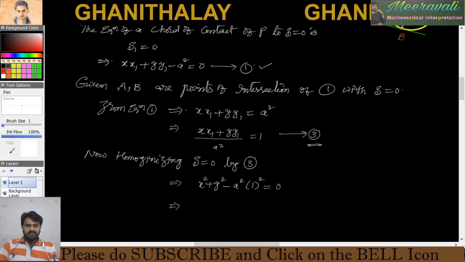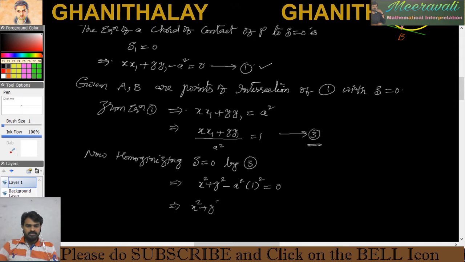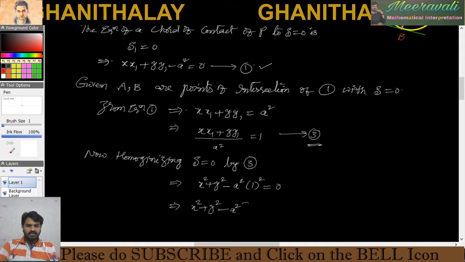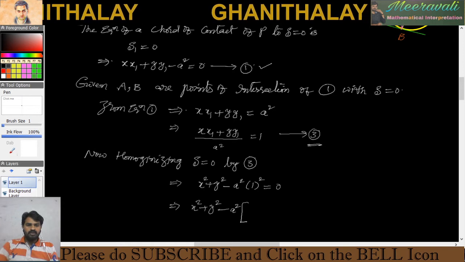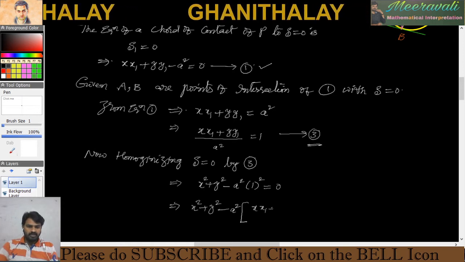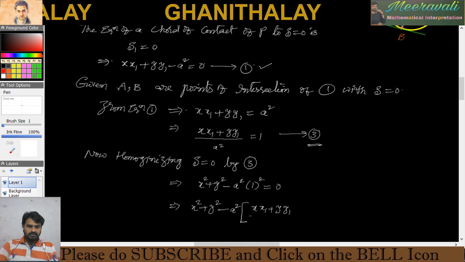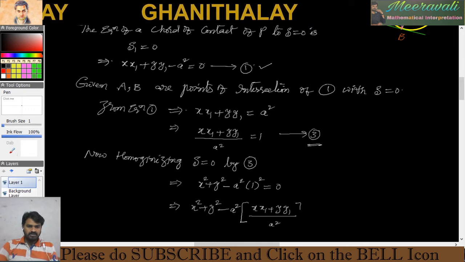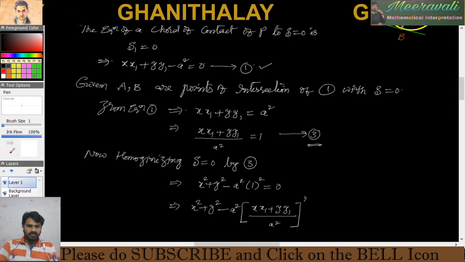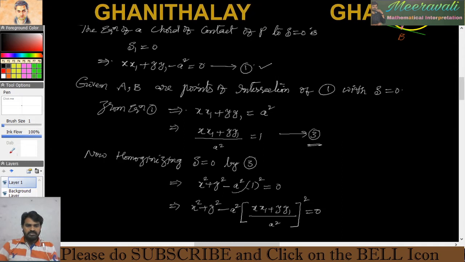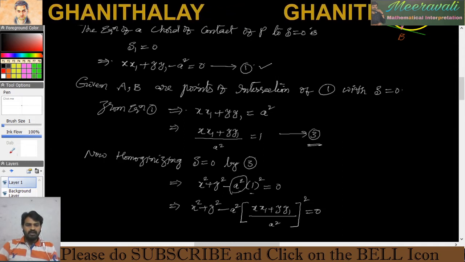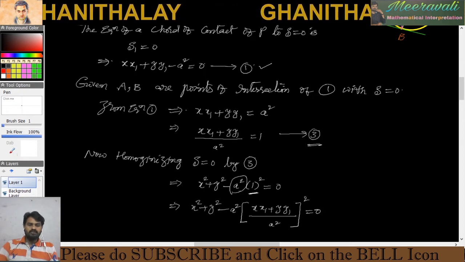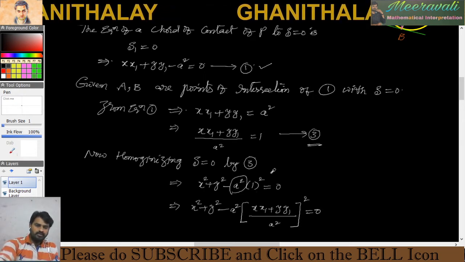From equation number 3, the 1 value is (x x1 plus y y1) by a square, and also having power 2. Here a square is not a variable, so it is the constant term. That's why we have taken 1 whole square. Now it will be homogenized.